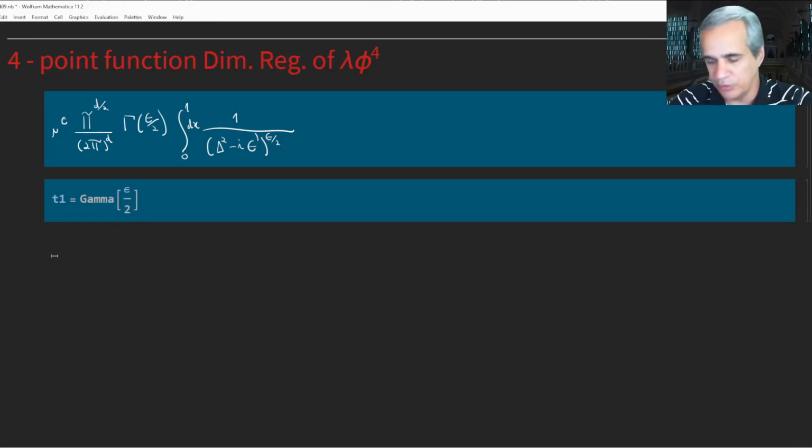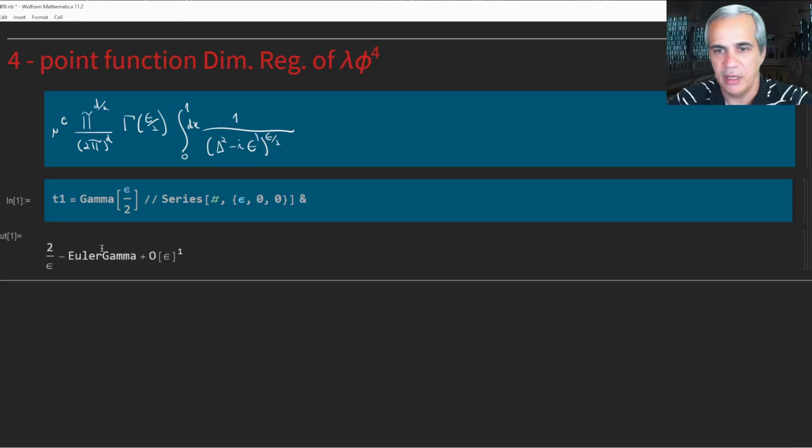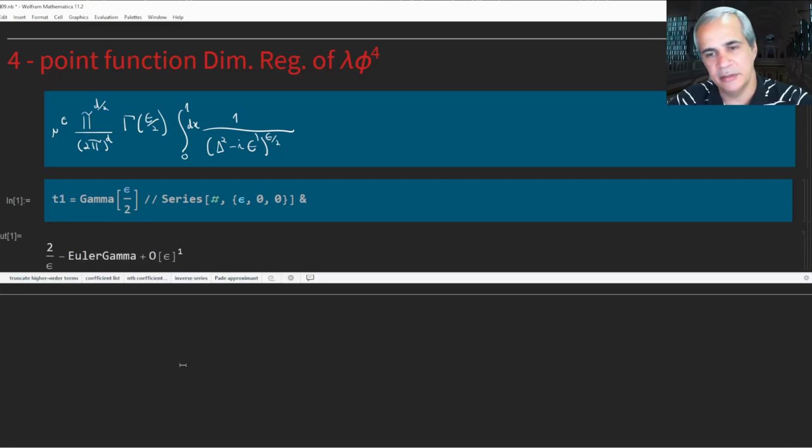And in order to do this, I just have to call a series of the preceding function for epsilon near 0, and I'll take this to 0 order in epsilon, because the terms that are linear or bigger powers in epsilon will all go to 0 as epsilon goes to 0, right? And this is the symbol that applies this to the preceding thing. And then I can see the expansion, right?